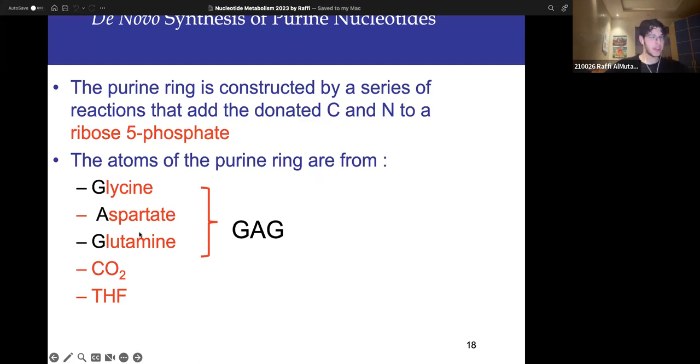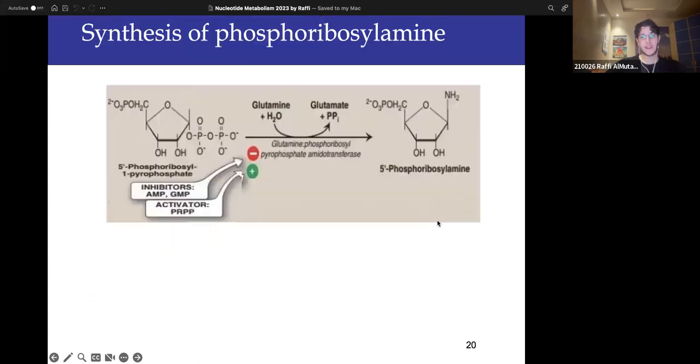Another way they like to suggest that you remember this is GAG, carbon dioxide, tetrahydrofolate. So how could you remember this, for example? Really, GAG, carbon dioxide, tetrahydrofolate is the easiest way to honestly remember it. And again, they are donating these molecules to ribose 5-phosphate.